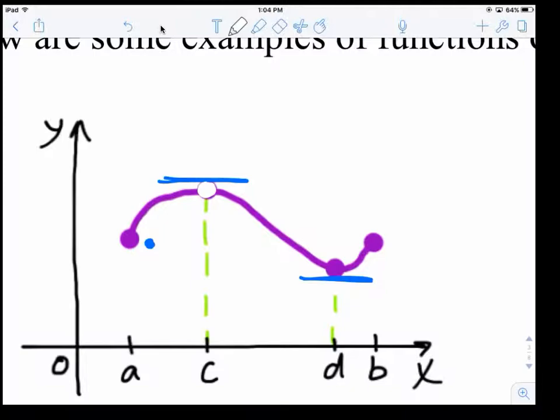For this one, with or without the hole? With the hole. Because it wouldn't be b because you have points over here that are higher, right? We no longer have a max here because we can't go to this particular value. If that point was there, then that's where our max would be.